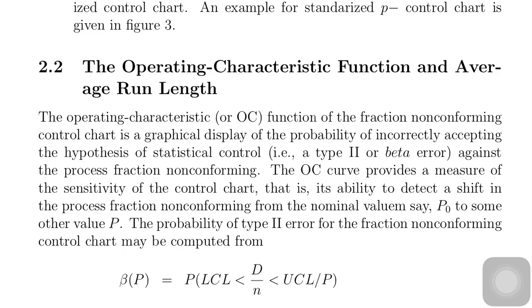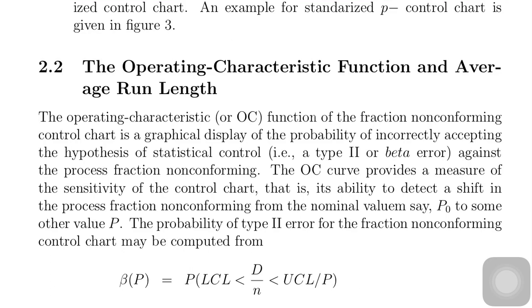As the other value P changes, the OC function value also changes, and you can plot a curve for various values of the true value of P. This is the probability of type 2 error.